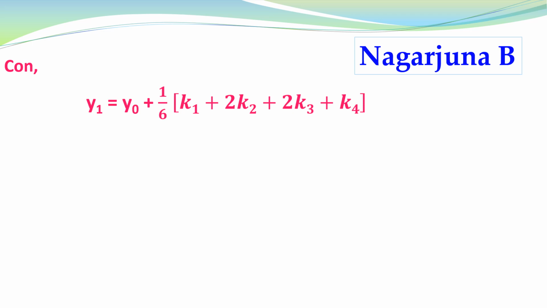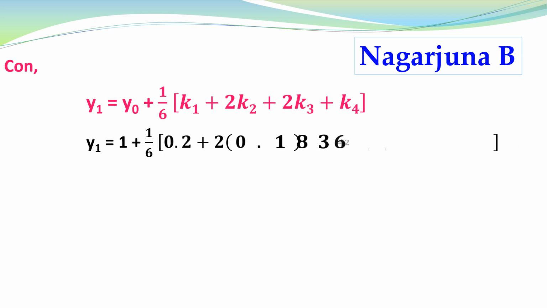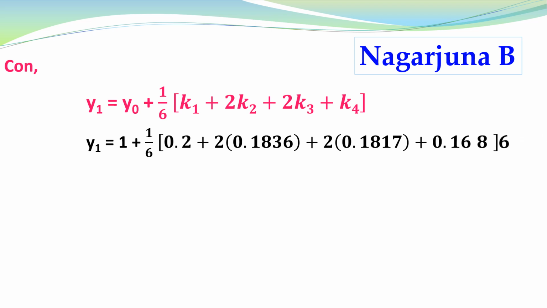Therefore we can write y1 equal to 1 plus 1 by 6 within the square bracket 0.2 plus 2 into 0.1836 plus 2 into 0.1817 plus 0.1686.